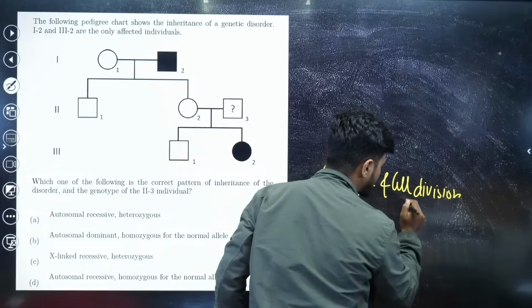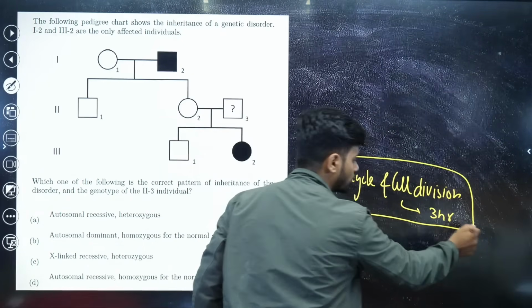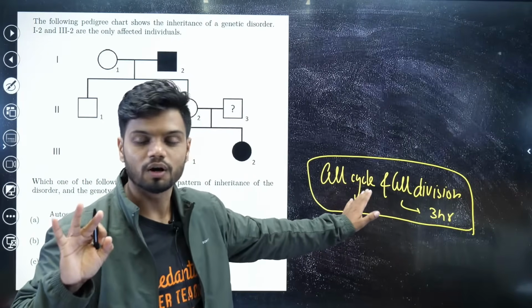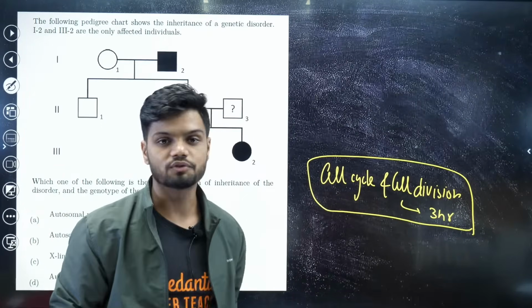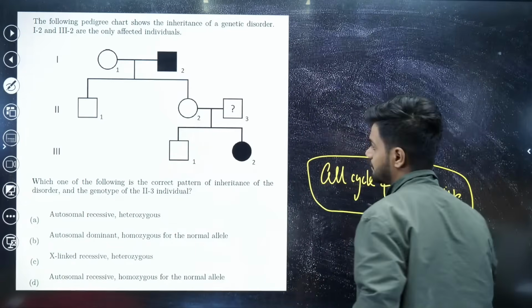It will approximately take you 3 hours to master this chapter. Just 3 hours, and one question will definitely come from cell cycle and cell division. Okay. Now let's look at the question we have on our hand.